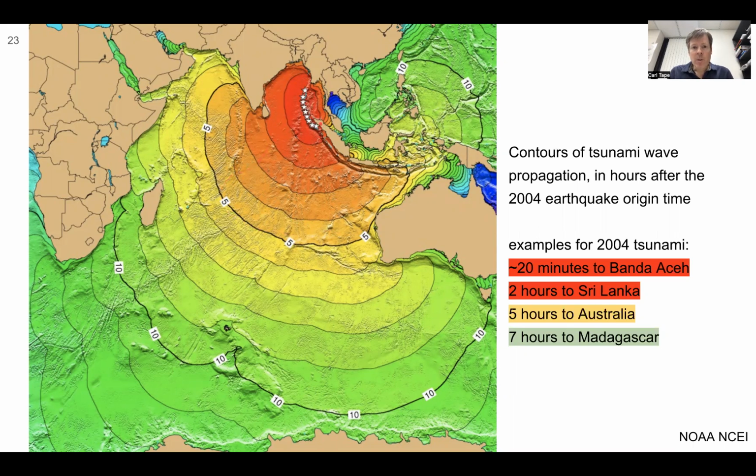In Sumatra, there's about 2 hours to Sri Lanka here. About 5 hours to Australia, shown here, about 7 hours to Madagascar. So we get an idea of how long it takes tsunami waves to propagate, hours long, which should make you think, if possible, we need to give people some warning about when these waves are coming, since the earthquake shaking is known much faster.